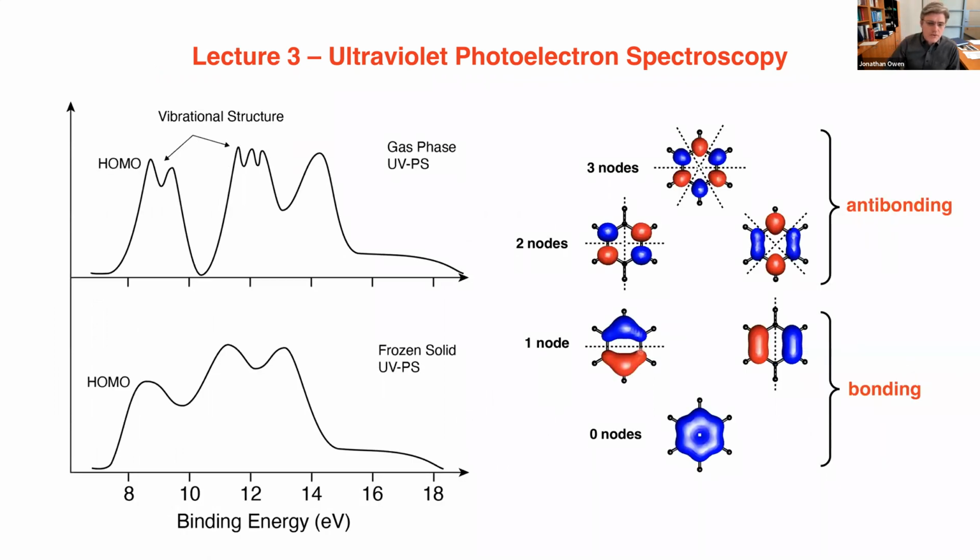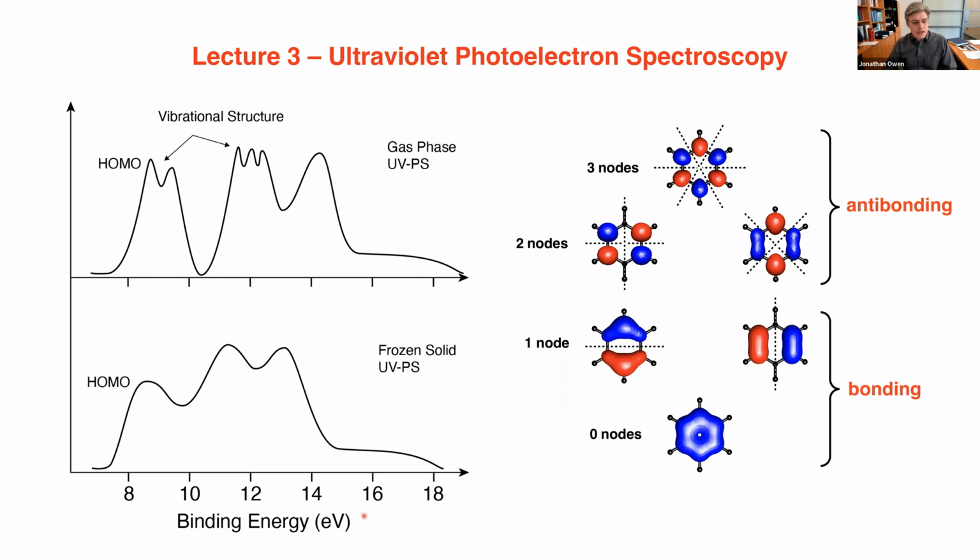All right, so if you take a UPS spectrum, or ultraviolet photoelectron spectrum, of benzene, you'll see something like this or something like this, depending upon whether the benzene is a vapor or whether it's a solid. So you can take a tube full of vapor, shine a strong, high energy UV light source on it, and out will come photoelectrons that have these various energies.